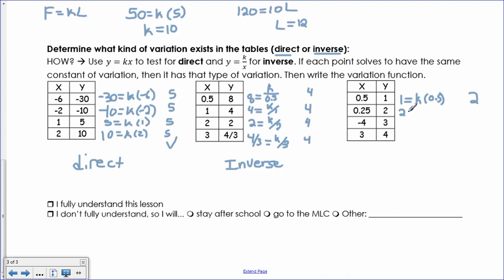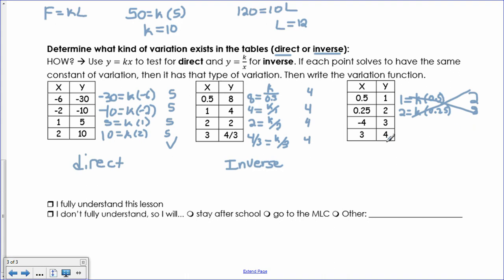If I try this one, if I try 2 equals k times 0.25, all right, the same equation, right? You plug in the value of y from that point and then the value of x from that point. If you solve for k in that situation, you would get an 8. So we already have a different k even from the second point. So because these two k's are different, that means that it failed the direct variation test.